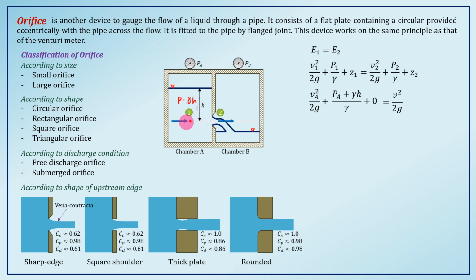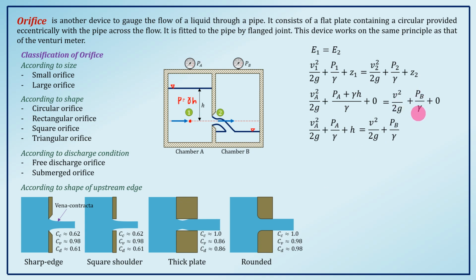So P2 is equal to the PB measured by the gauges here, PB over gamma. And Z2, like Z1, lies on the datum, so 0. What remains is the equation VA squared over 2g plus PA over gamma plus h equal to V squared over 2g plus PB over gamma.